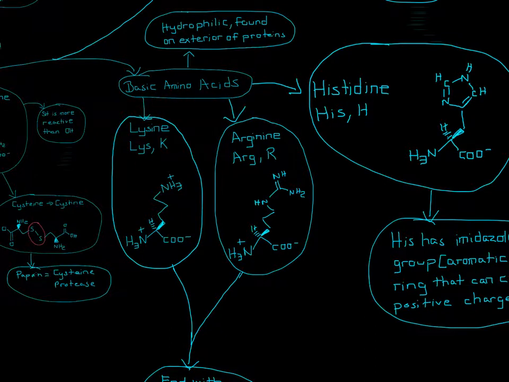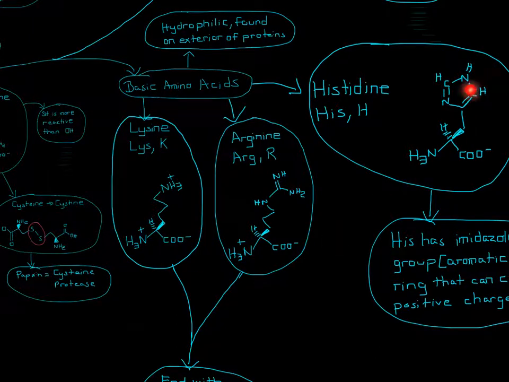For lysine, you have this carbon chain all the way to a nitrogen, and for arginine you also have this carbon chain, except here we actually have 3 nitrogens, which is pretty interesting. Over here, you also have an entire carbon ring with 2 nitrogens.